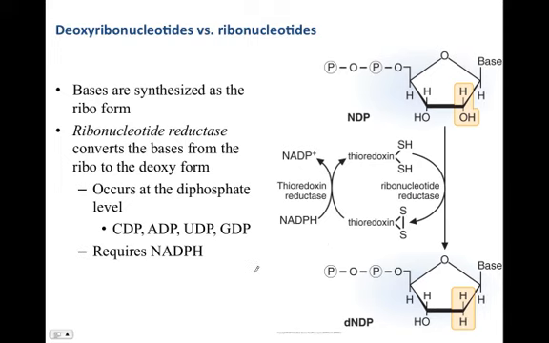The regulation of this enzyme is twofold, and we'll look at that in the next slide. Also of note, this conversion from the ribo to the deoxyribo base structure happens at the diphosphate level.